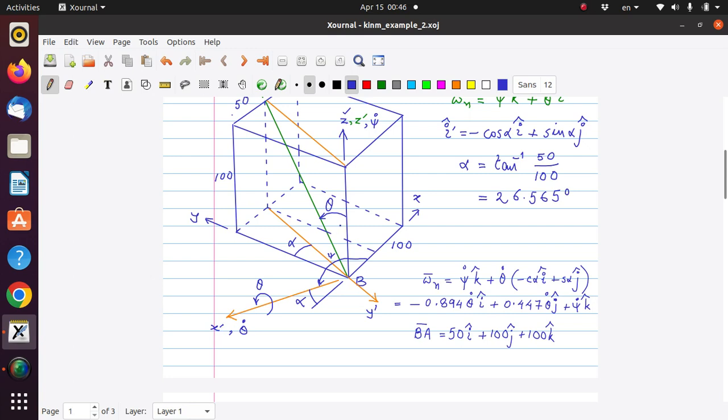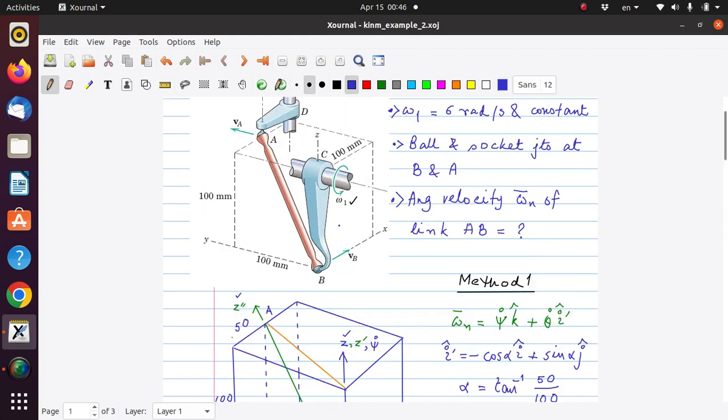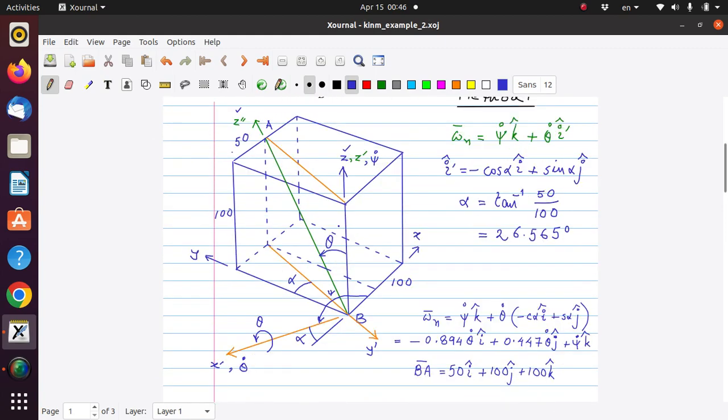And here you see, we assume that the link is not spinning, that is phi is 0. So the angular velocity of the link can be specified as psi dot along small k, so small k is along small z, and theta dot along I dashed.